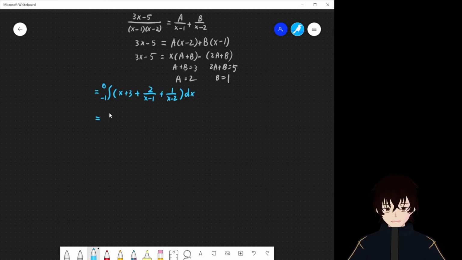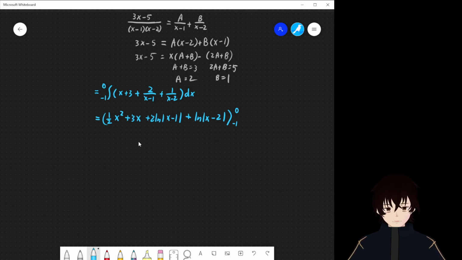Integrate that, we get 1/2 x squared plus 3x plus 2 natural log of x minus 1 plus natural log of x minus 2, from -1 to 0.